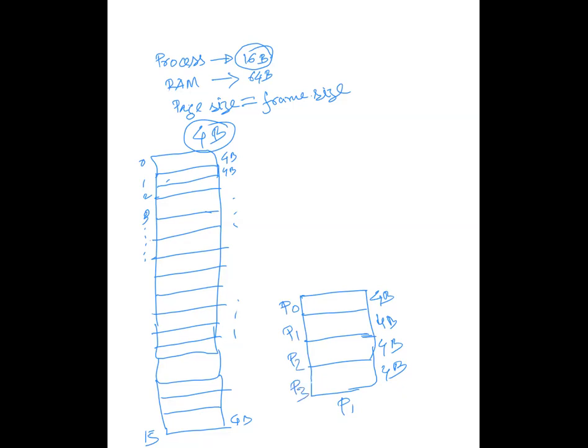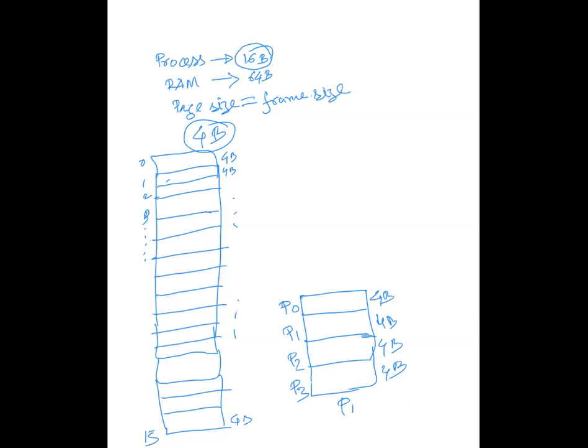Can you understand this? Do you have any questions or comments? Okay. The main consideration is that your page size is equal to your frame size, whatever it is. When you use the paging technique in an operating system to execute a process, your page size should be equal to the frame size.